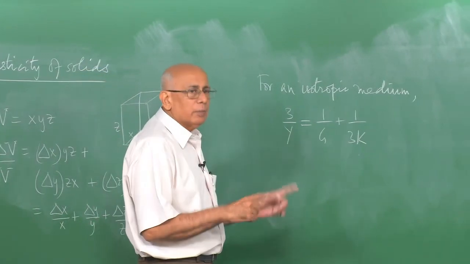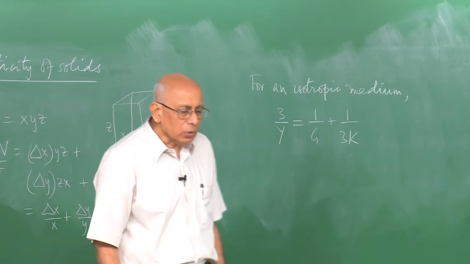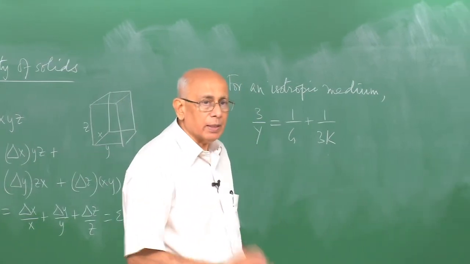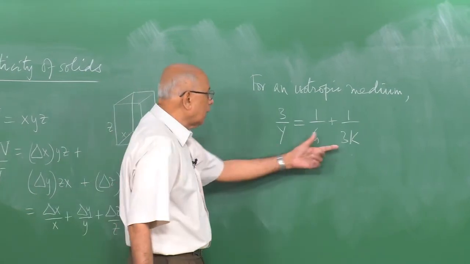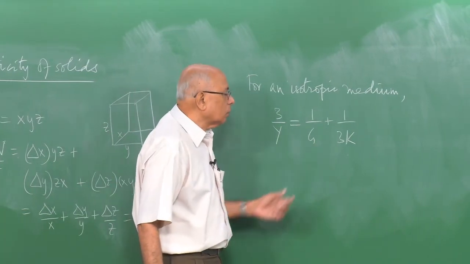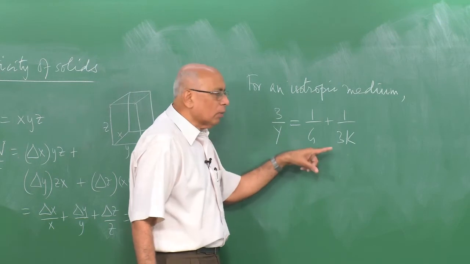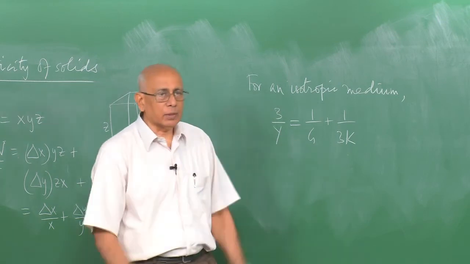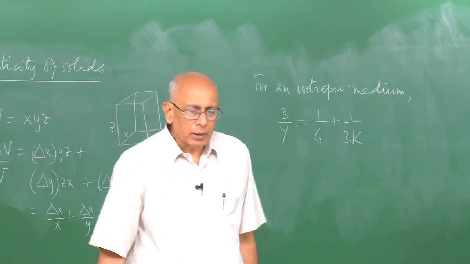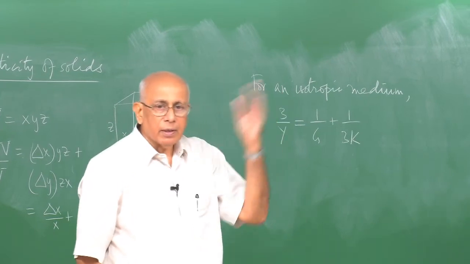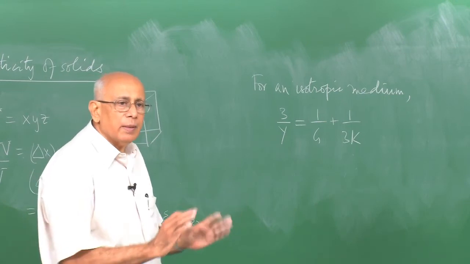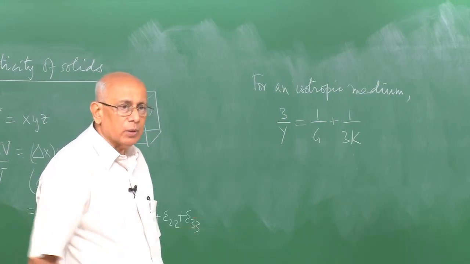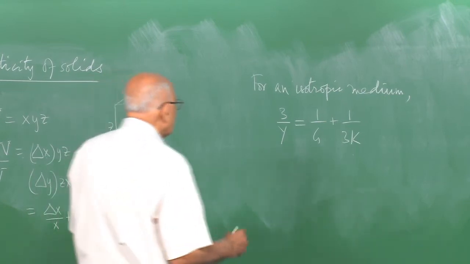But there's a relation between the three elastic moduli, so you really have only two independent elastic moduli, any two that you choose. By the way, this also gives you a hint that all the elastic moduli are of the same order of magnitude. So for a material which has a Young's modulus of 10 to the 11 newtons per meter squared, the bulk modulus will also be of the same order of magnitude as will the shear modulus, give or take some factors.